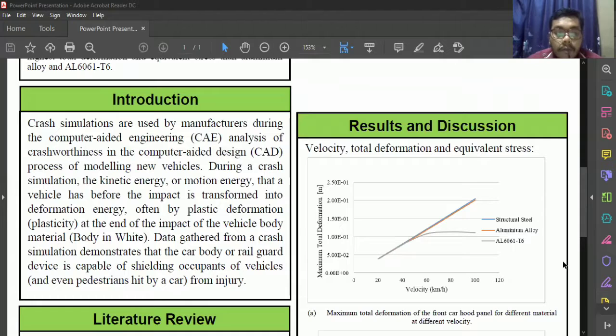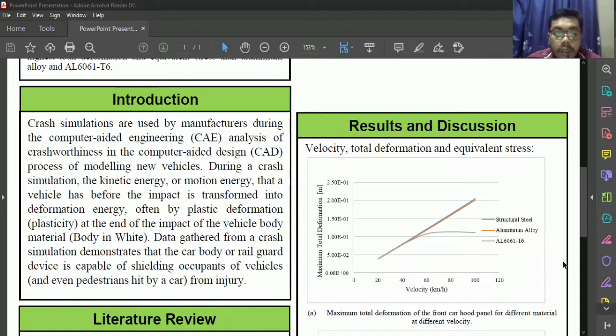The introduction for this research. Crash simulations are used by manufacturers during the computer-aided engineering (CAE) analysis of crashworthiness in the computer-aided design (CAD) process of modeling new vehicles.